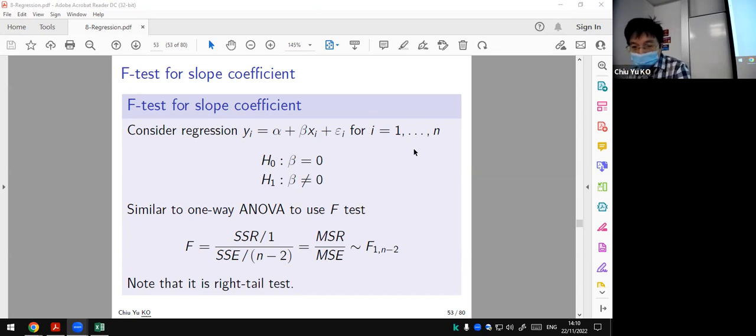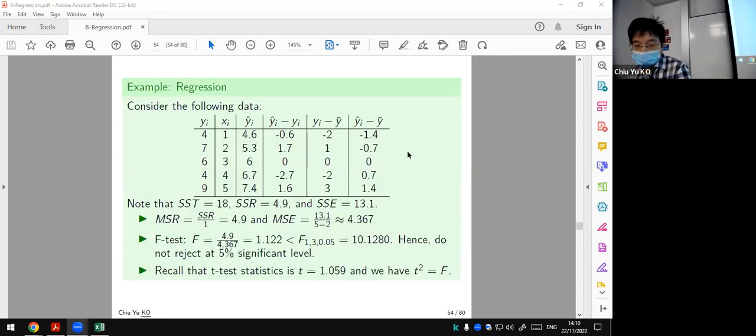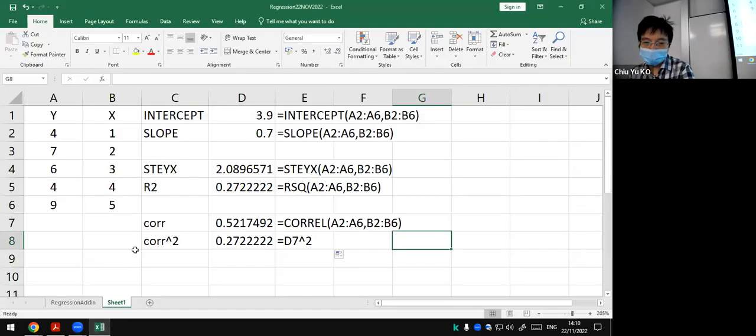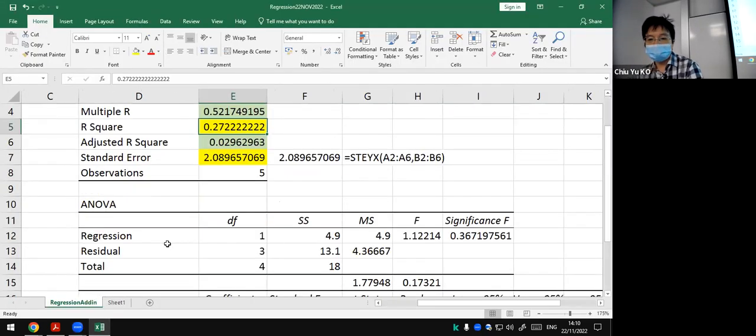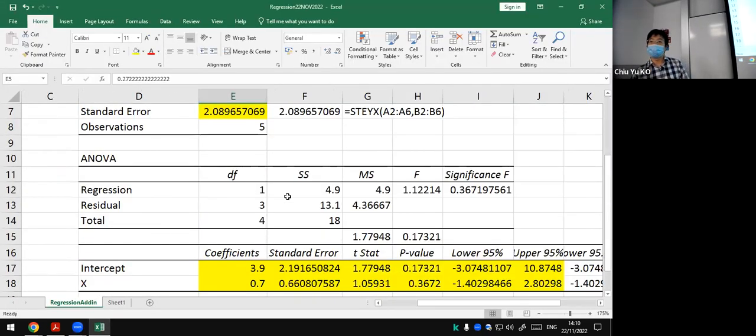I guess the F-test is similar to the thing we did before. I'm not going to repeat the same procedure, but I want to draw your attention to this ANOVA table, because this is usually the thing you look at in the output, right?